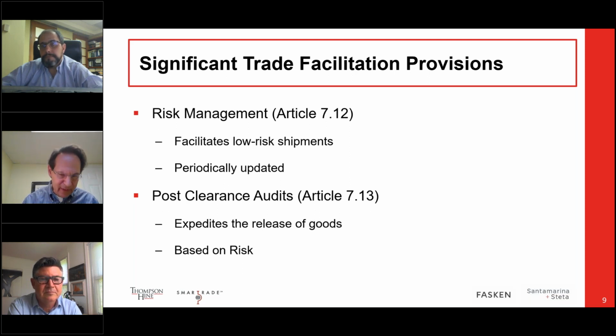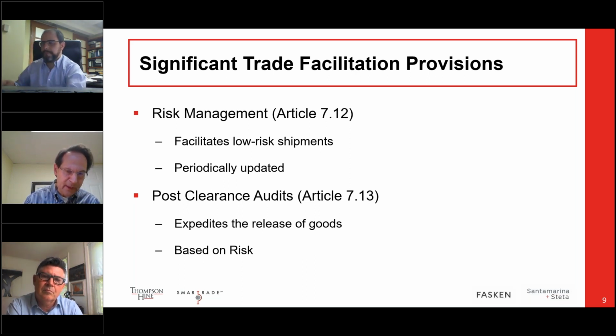And so the USMCA basically obliges each of the countries to develop systems, if they haven't already, and I think in our situation they have already, creating systems for inspection of high-risk goods and creating systems to simplify the release of low-risk goods. Now for Canada, what are the systems that are used to identify high-risk goods?